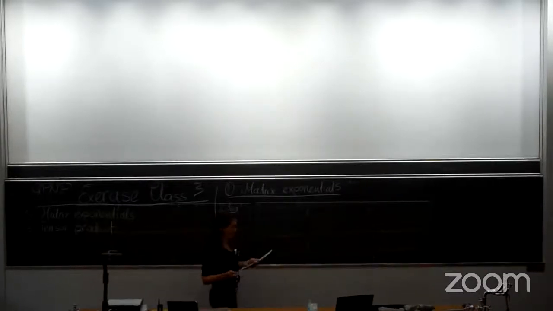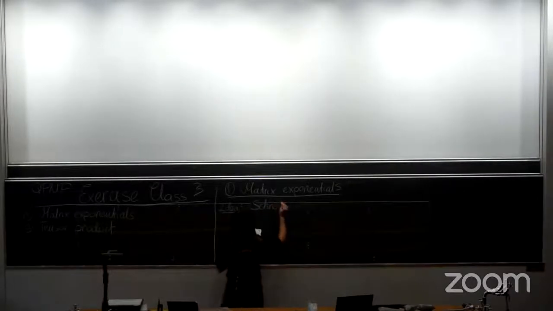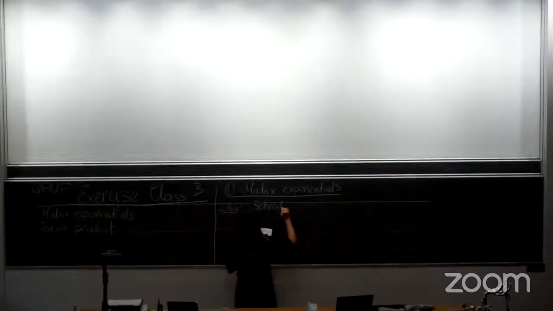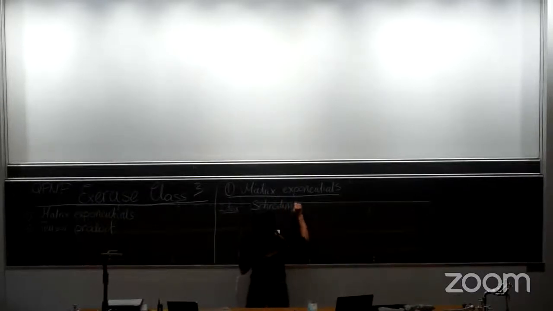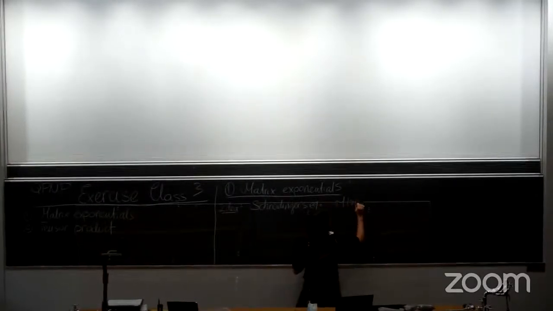What does it have to do with quantum mechanics? First of all, one of the approaches: if we look at the Schrödinger equation, you derived in the lecture that it has the form like this, i h bar times the derivative of our state.